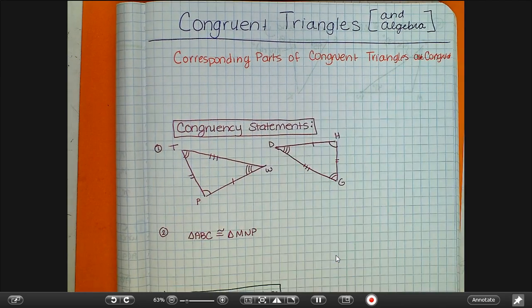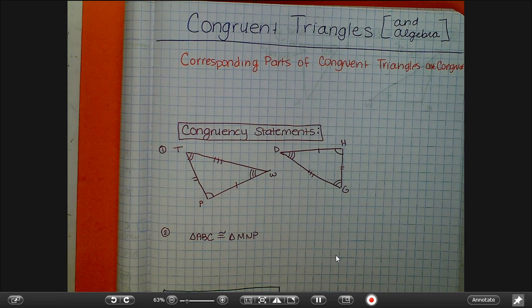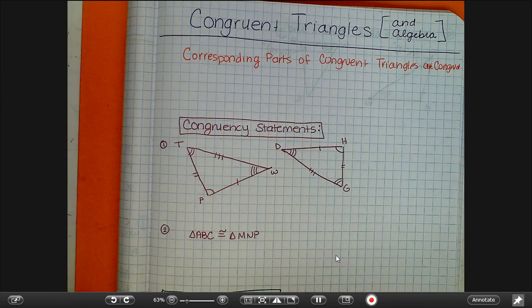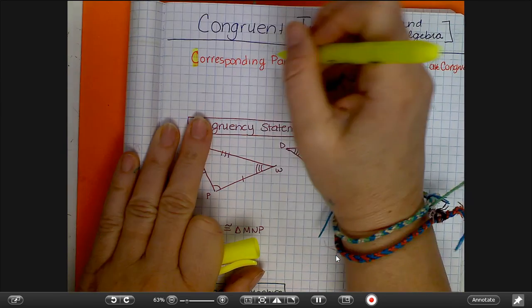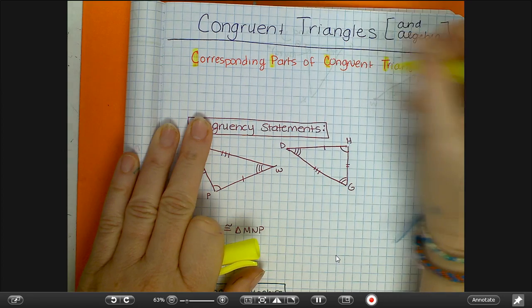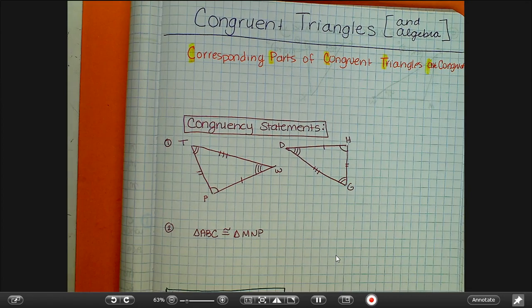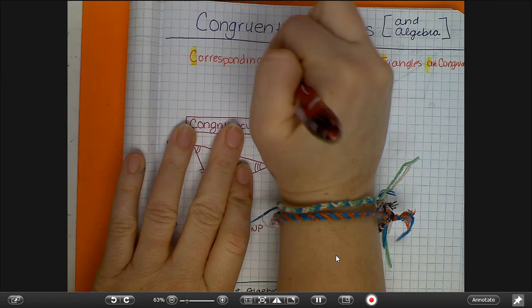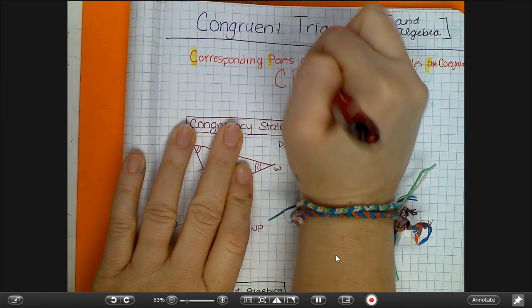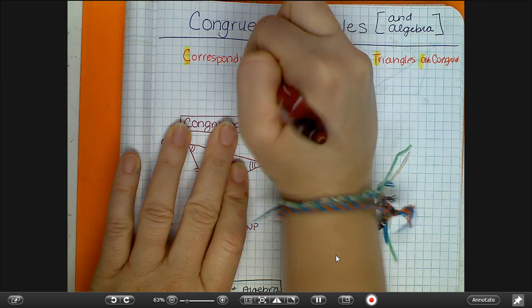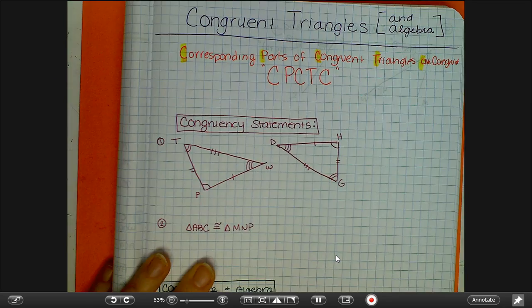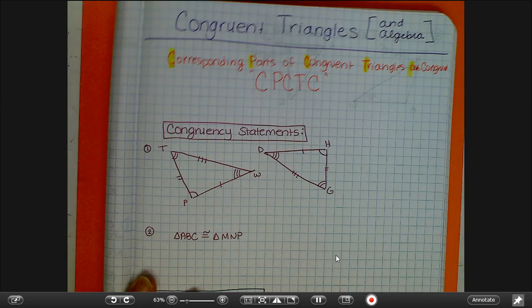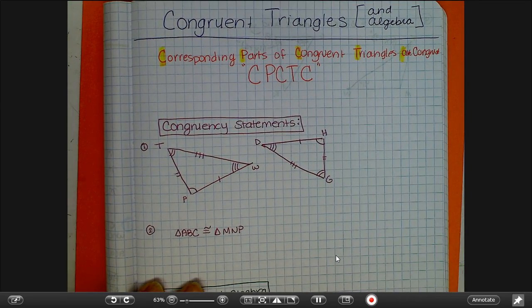And what you really need to focus on from that are these letters: C, P, C, T, C. That's actually what we call it. So keep that little random phrase in your mind. CPCTC, corresponding parts of congruent triangles are congruent.